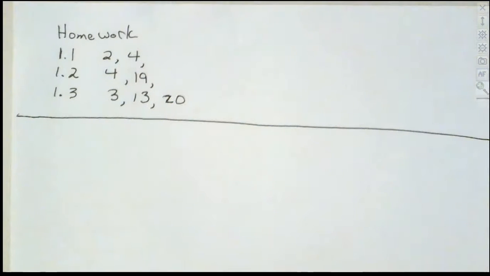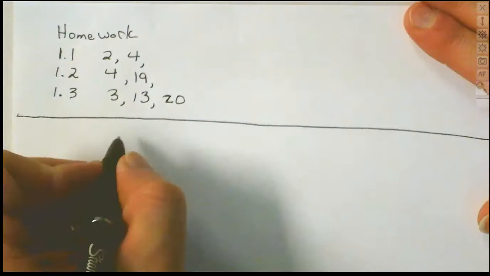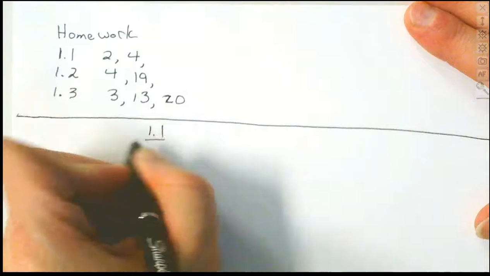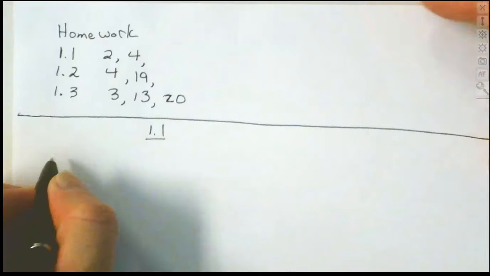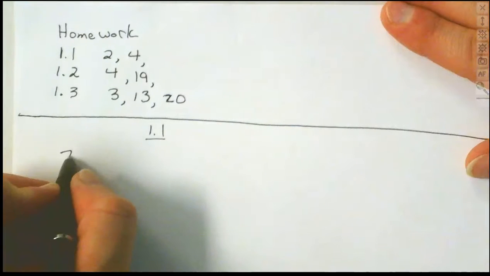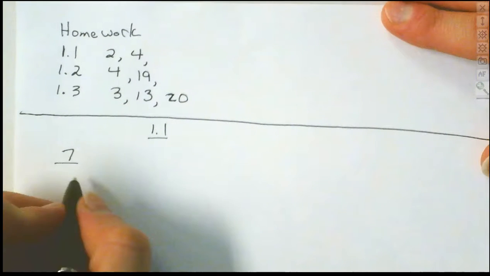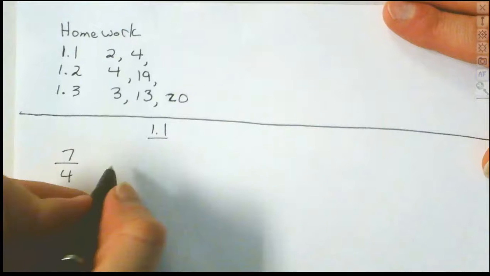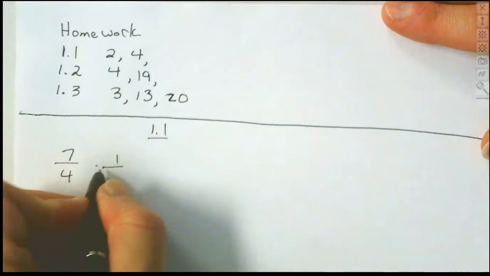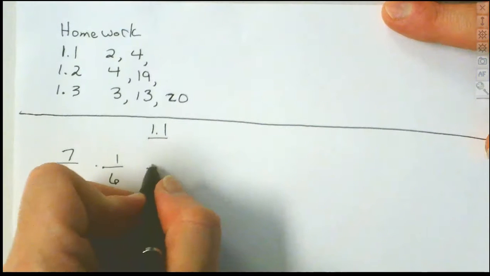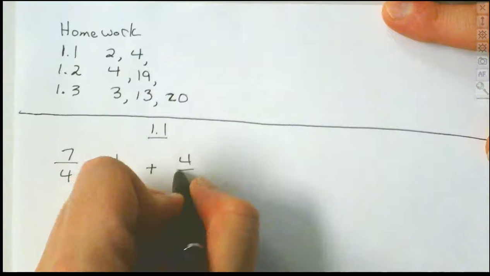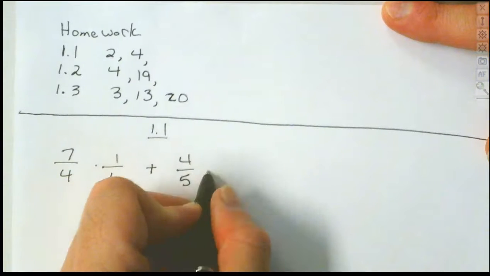And we're going to look at 1.1 first, and we're going to look at question number 2. And this is a good question because it's got fractions. And in this course and in college algebra, we work with a lot of fractions. And we need to remember how fractions operate.